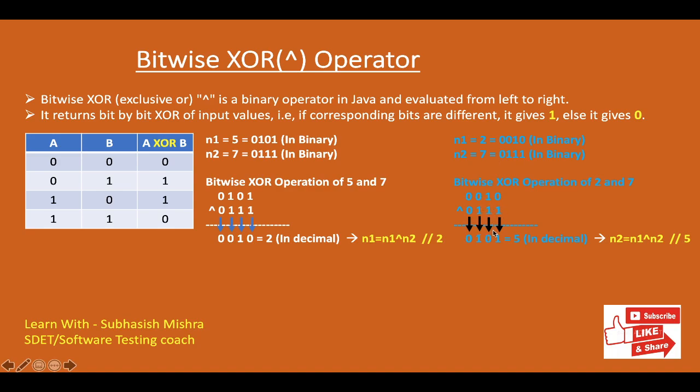Now we will do the XOR operation. For XOR, if the two values are different, then 1. 0 and 1 are different, so 1. 1 and 1 are the same, so the value is 0. 0 and 1 are different, so the value is 1. 0 and 0 are the same, so the value is 0. So what we got is 0101, which is the binary value, and 5 is the decimal value.